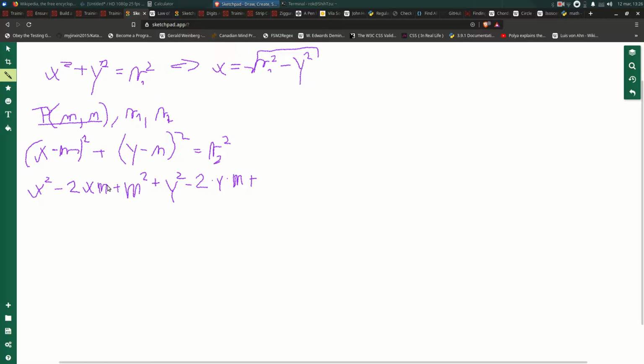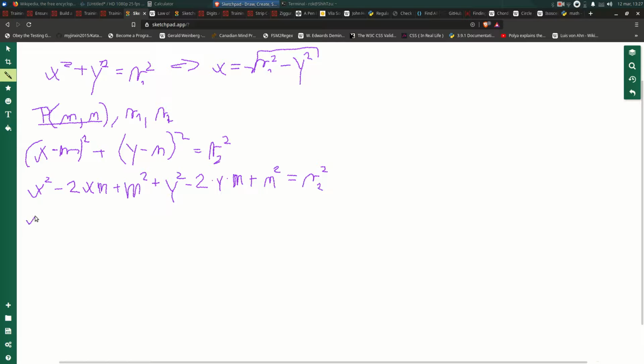So that is m and that is n. Plus n² equals r2².